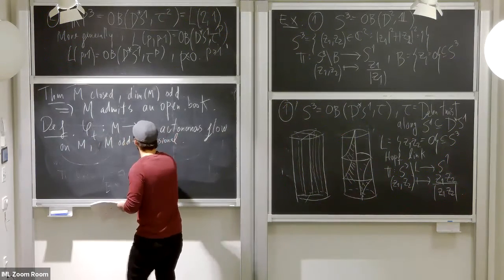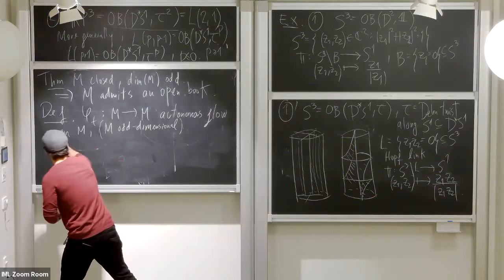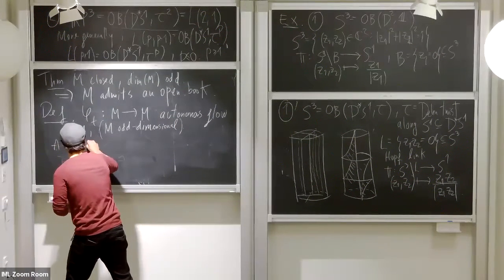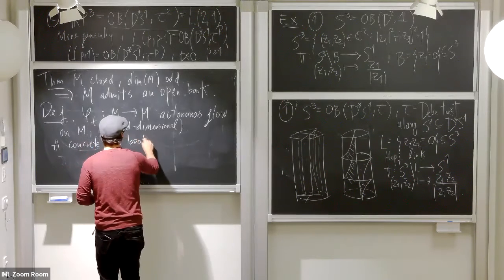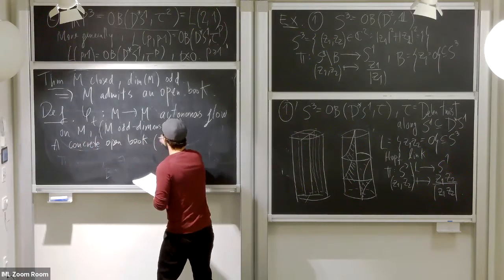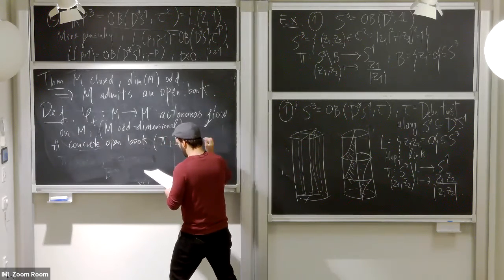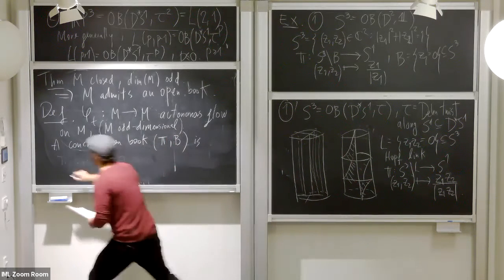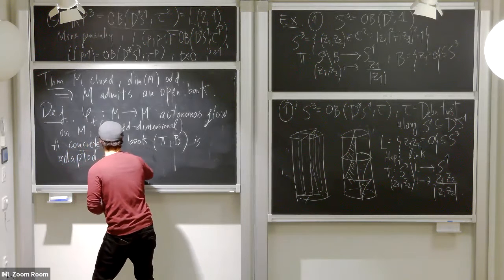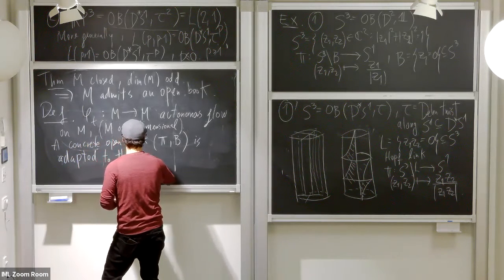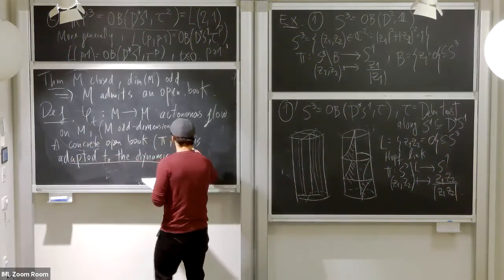We say that a concrete open book, which I'll sometimes denote by the pair pi, B, for projection and binding, is adapted to the dynamics if the following conditions hold.